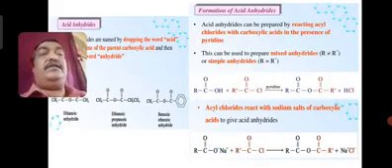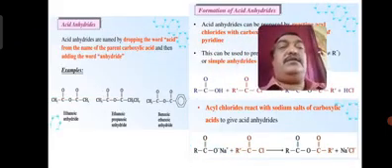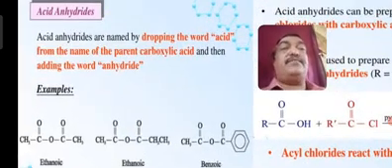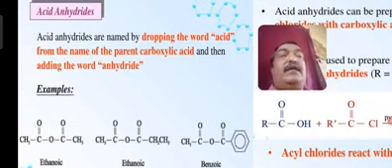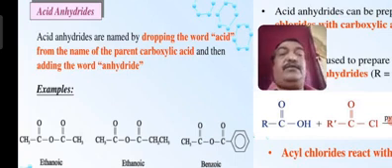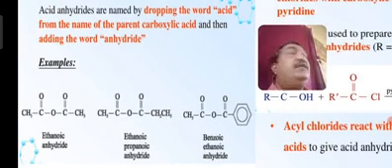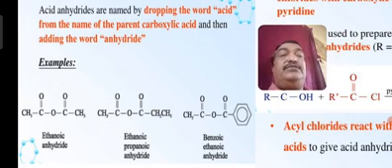Now similarly another derivative you have already witnessed, that is acid anhydrides. So what are acid anhydrides? The COOCO group is the anhydride group. So CH3COOCOCH3 is acetic anhydride, also called ethanoic anhydride. Then the next one, CH3COOCOC2H5.